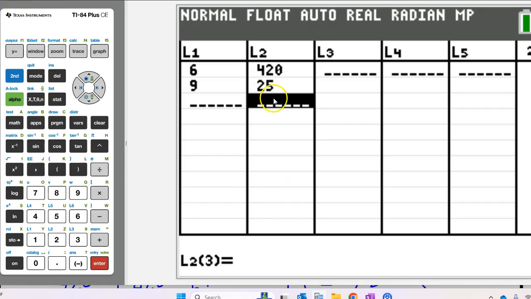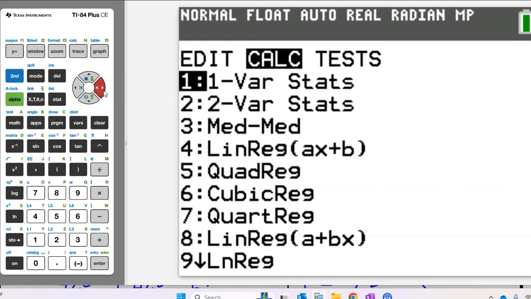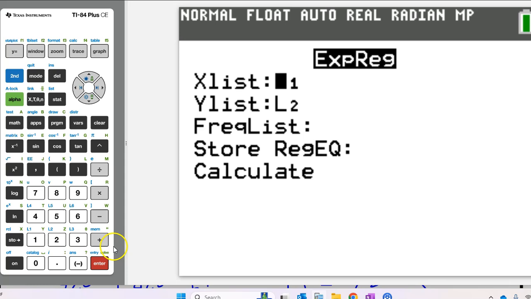To find the values of a and b, hit the Stat button. This time switch to the Calculate menu. Scroll down to option 0, which is after the number 9, and you will find Exponential Regression. So we can choose this. Next time, if you remember it, you can just type the number 0.